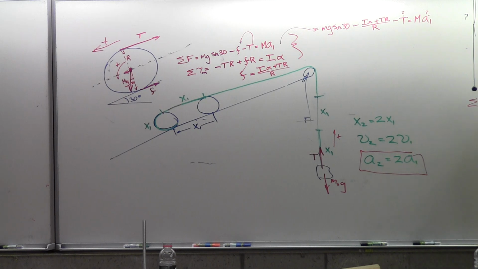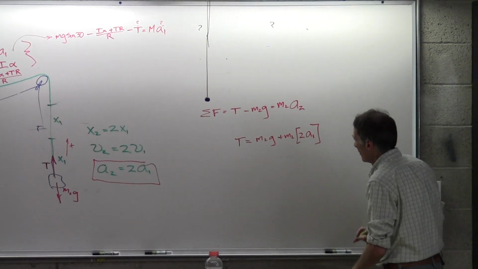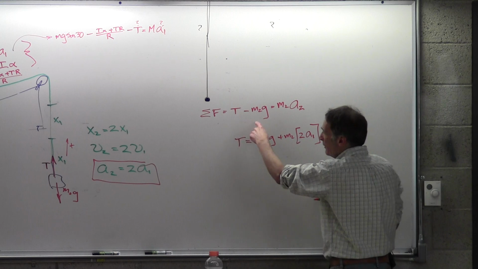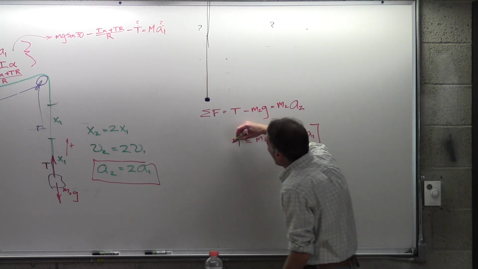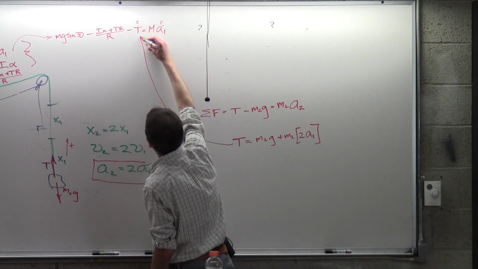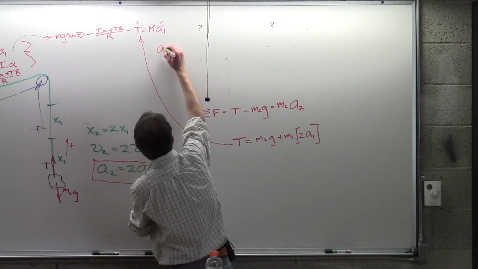So T is equal to, taking this over to the other side, M2 G plus M2 times A2, which is 2 times A1. And so I have this from the forces of that. Then I can take this and substitute it back into this equation and solve for A1.